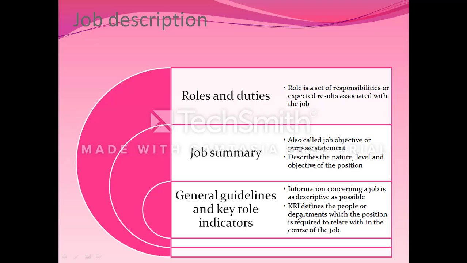It is more about the social side: whom are you going to contact, whom are you going to report to. So who are the people and departments this job is required to relate to? Okay. Fine. The job description has roles and responsibilities, duties, job summary, key role indicators, etc.